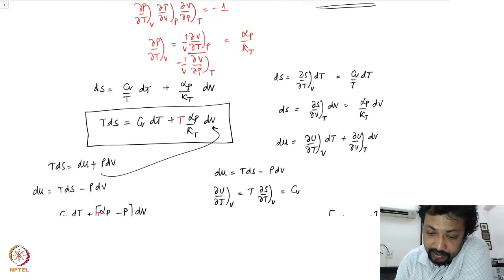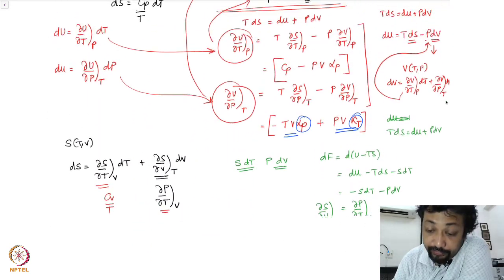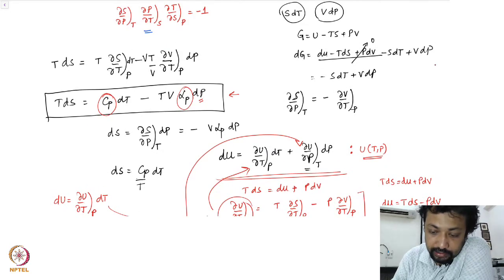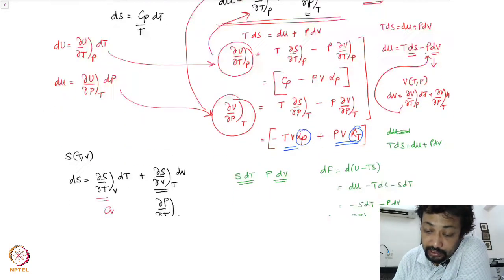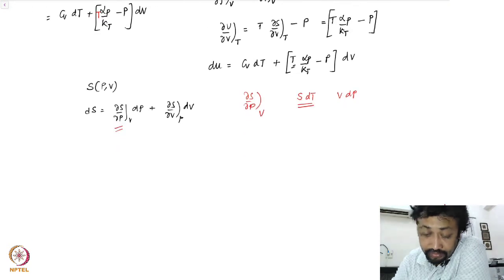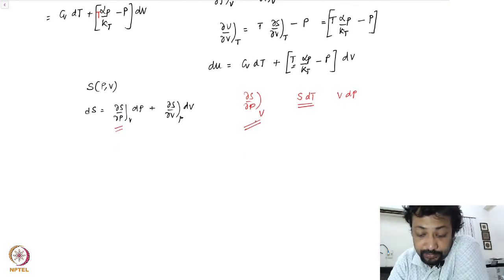But we have seen that, right? Where did we see? When we looked at the Gibbs free energy. So del S del P temperature constant is minus del V del T pressure constant. Do I have, I cannot do this.